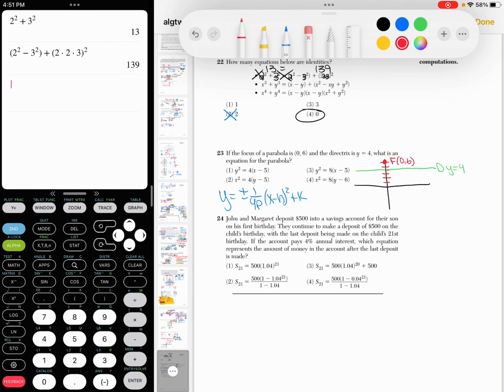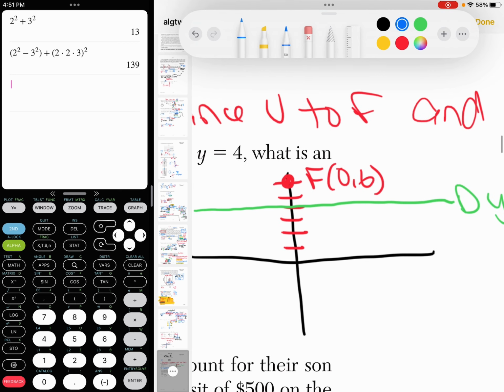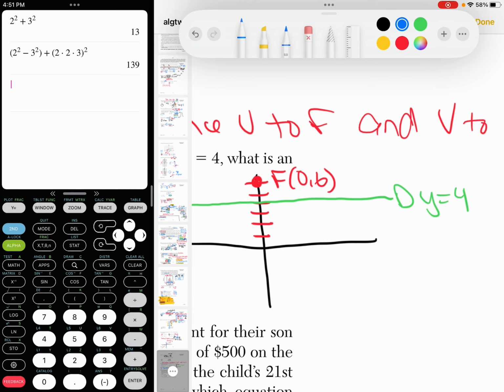I'm running out of space. hk is the vertex, and p is the distance from the vertex to the focus, which is the same as the vertex to the directrix. Okay, that's why that vertex is right in the middle. It's going to be the same distance away from the focus as it is to the directrix. So your vertex is going to be halfway between the focus and the directrix.